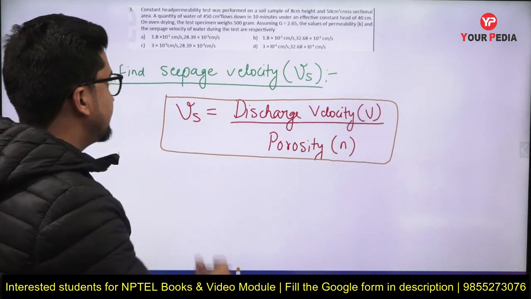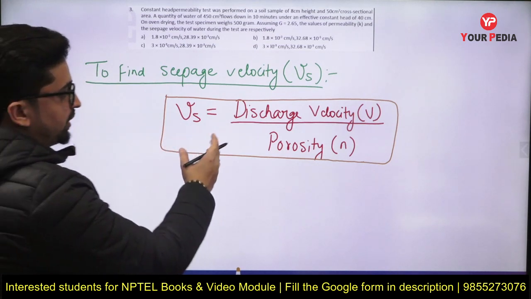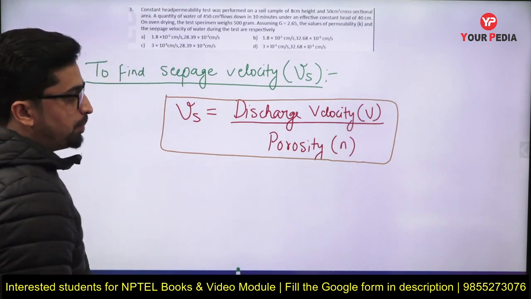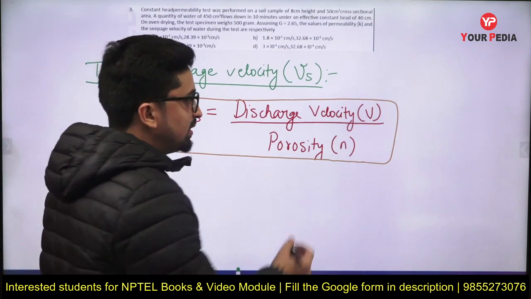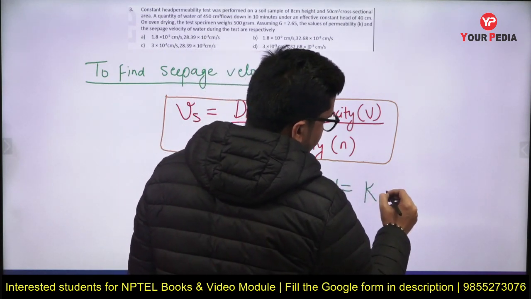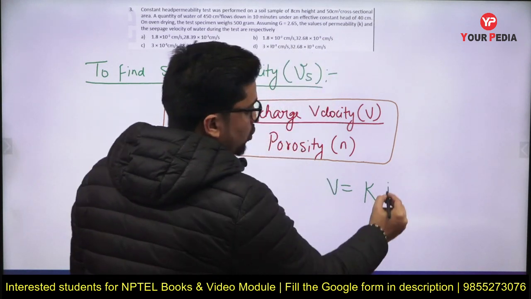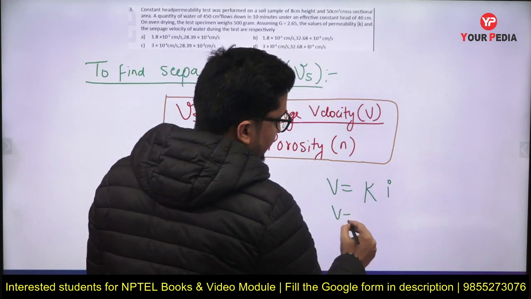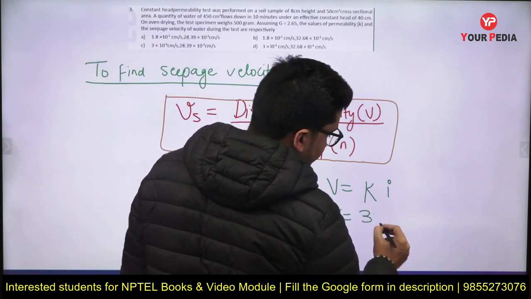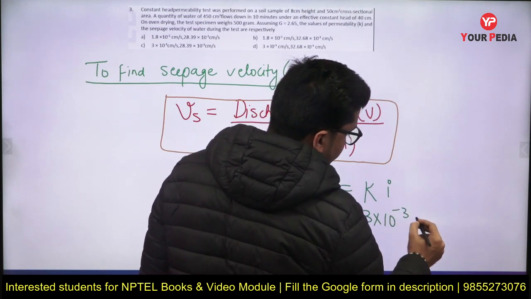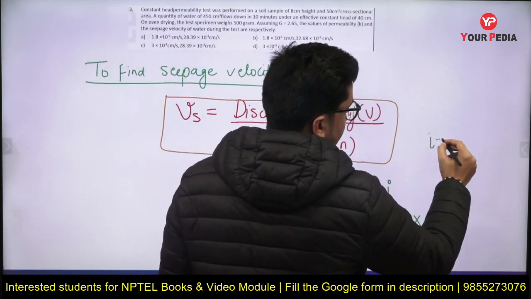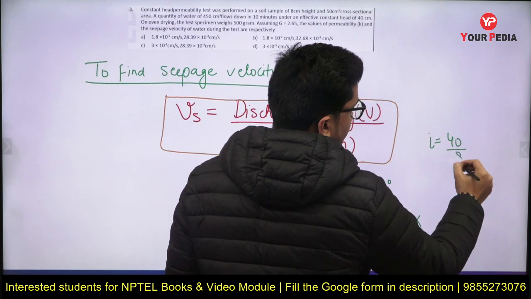So seepage velocity Vs will be equal to discharge velocity V upon the porosity n, and we already know that the discharge velocity V is given by Darcy's law, V equal to K into i, and K we have already calculated. K came out to be 3 into 10 raised to power minus 3 centimeter per second, and i was the hydraulic gradient across the soil sample, which came out to be 40 divided by 8, which is 5.